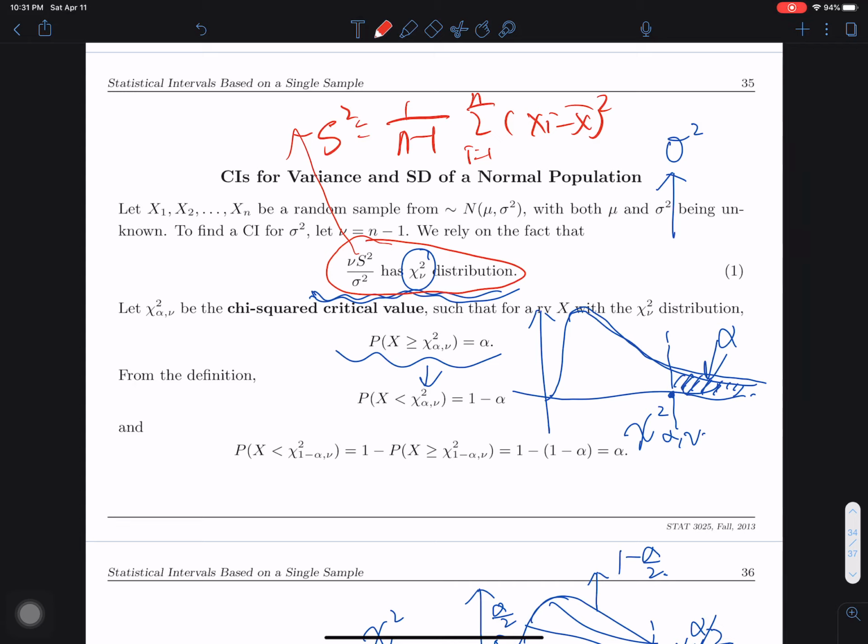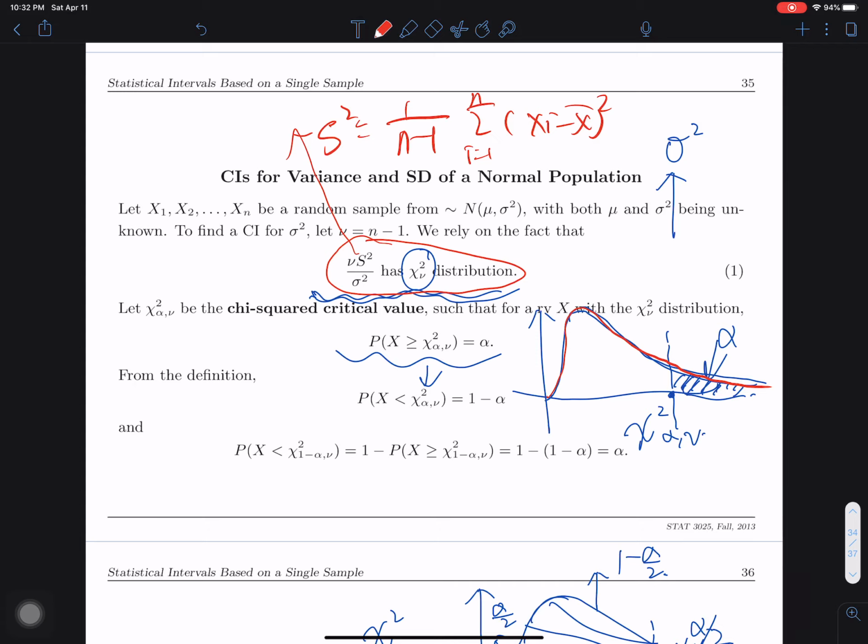If you have already forgotten what a chi-square distribution is, you should refer to the previous notes. A chi-square distribution is not symmetric, and it only takes values from 0 to infinity. A typical chi-square distribution looks like this, and it is also characterized by degrees of freedom.